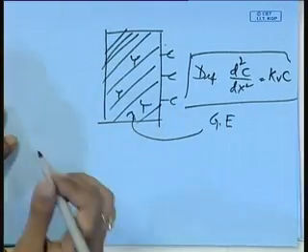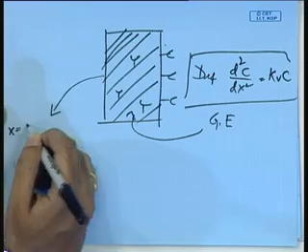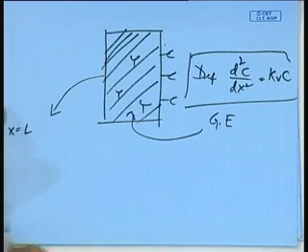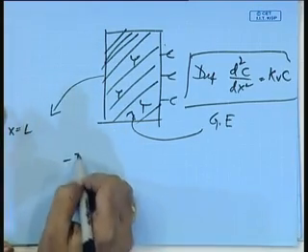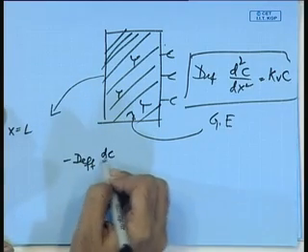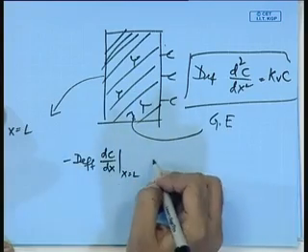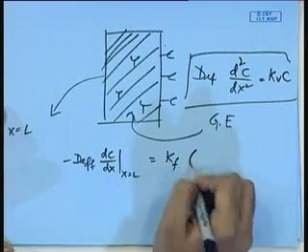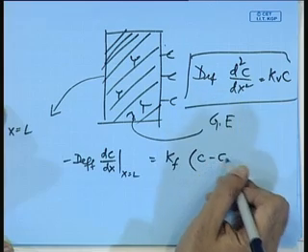Now, the boundary conditions. The first boundary condition is at this point, x equals L, let us say. So, D effective times del C del x at x equals L should be equal to Kf times C minus C naught.